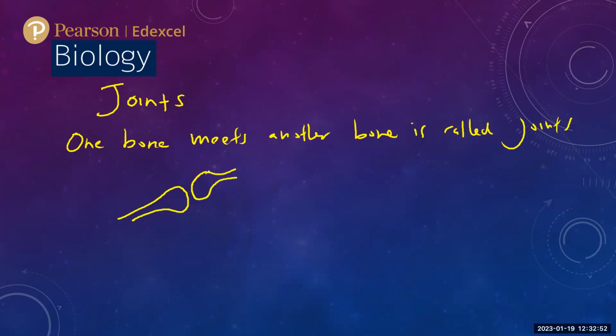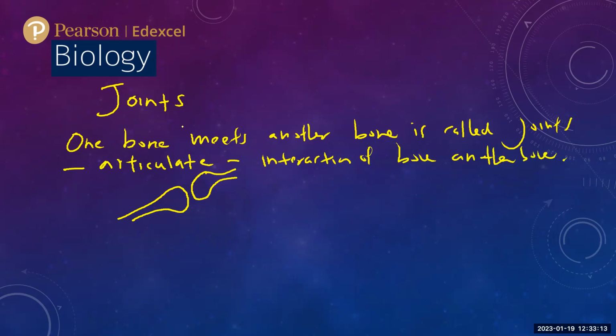The word is articulate. That's the interaction of one bone with another bone. Right? So this is the meaning of joints. Can you write this sentence?